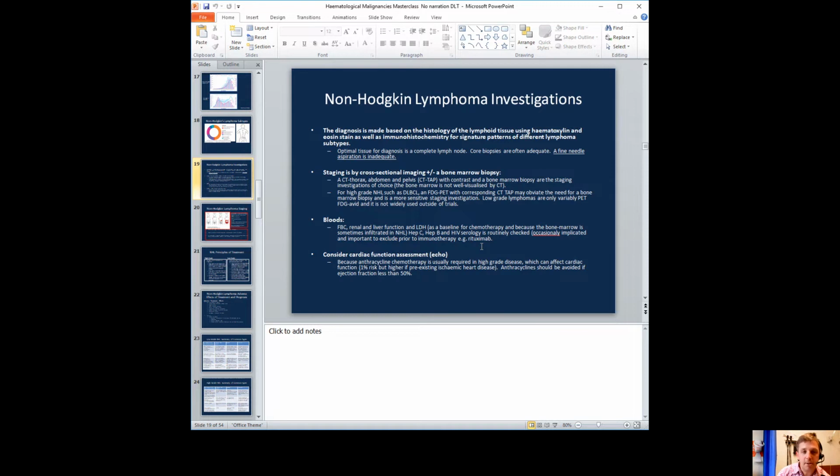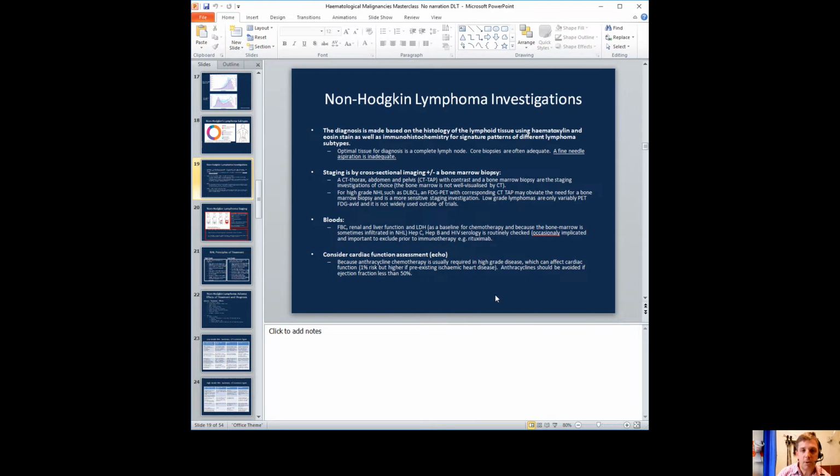We would need to check their bloods, kidney function, liver function, and LDH, because that can have implications for the score of the lymphoma, the prognostic score. We always check for viruses, hepatitis C, B, and HIV, partly because sometimes HIV can be implicated in lymphoma, and partly because the immunotherapy that we use can sometimes reactivate those if the patient's carrying them without knowing.